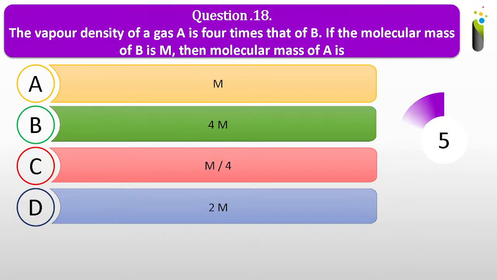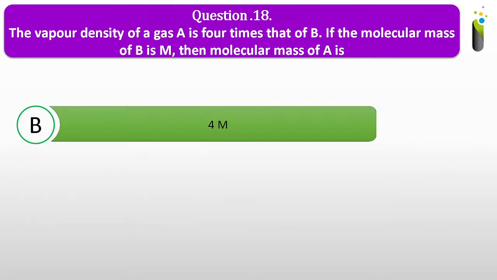So what should be the answer for question number 18? The answer would be B. So if the molecular mass of B is m, then molecular mass of A is 4m.